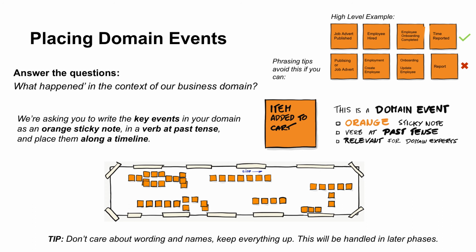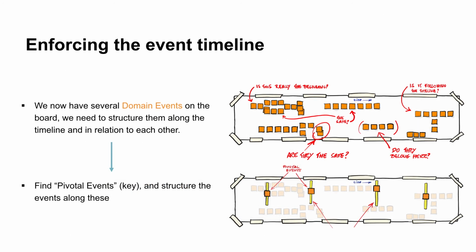And after a while, you will have a lot of events. Usually you will see that everyone has written the same things, or put them in the wrong order. So after 15 minutes or so, when you have a substantial amount, you can start to reorder this and bring order to the chaos that you've created.